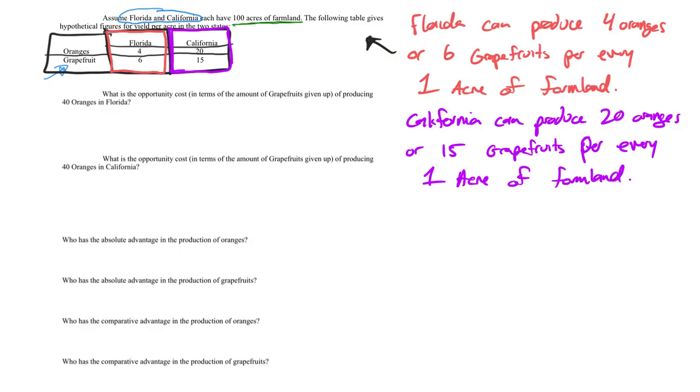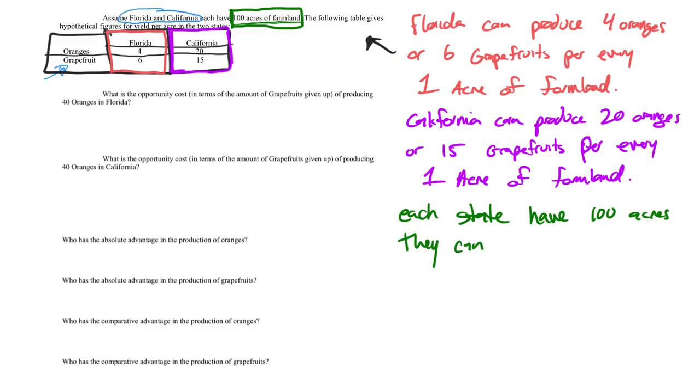The last thing I want to make sure we all understand will be this in green right here. Each state that we're talking about, in this case, Florida and California, has 100 acres they can use.